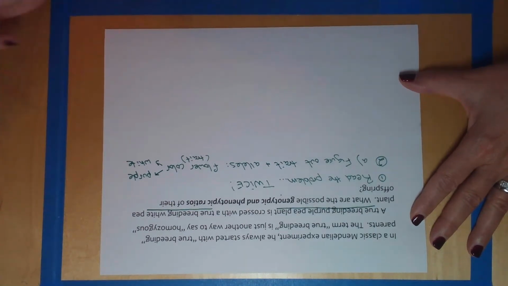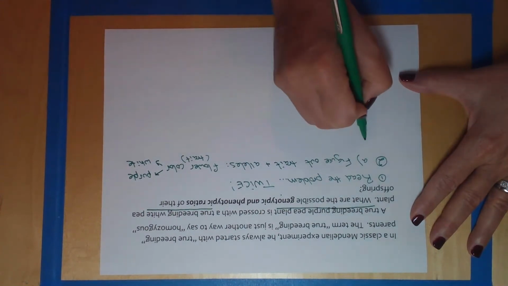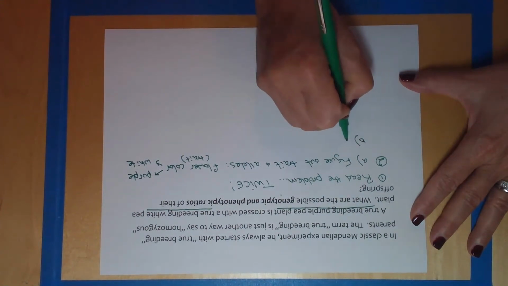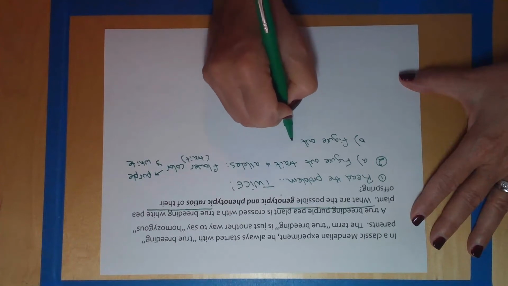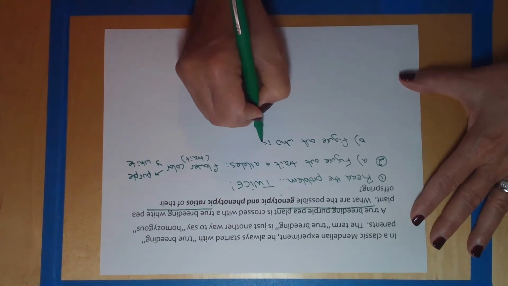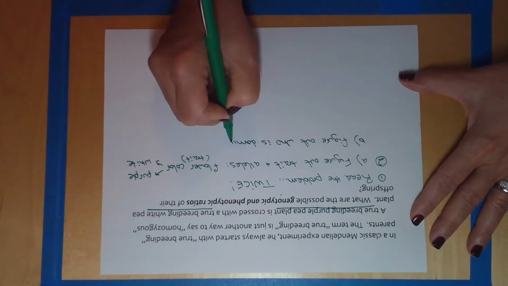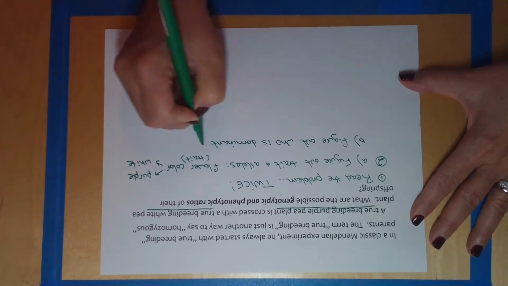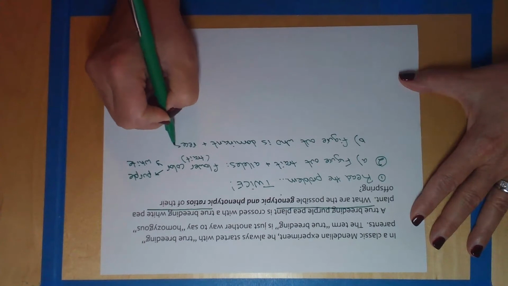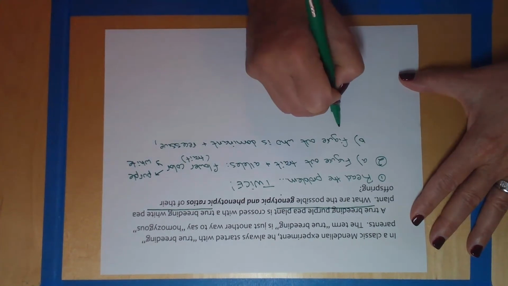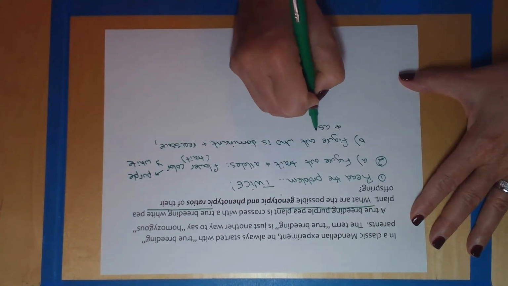Okay, then the next step is we want to figure out who's dominant and who's recessive, and assign letters.